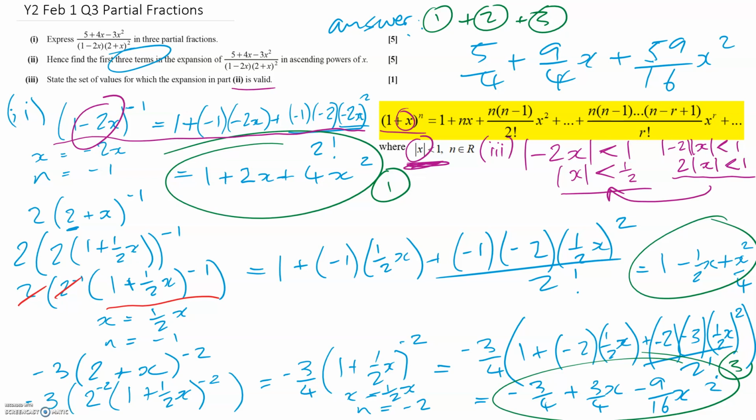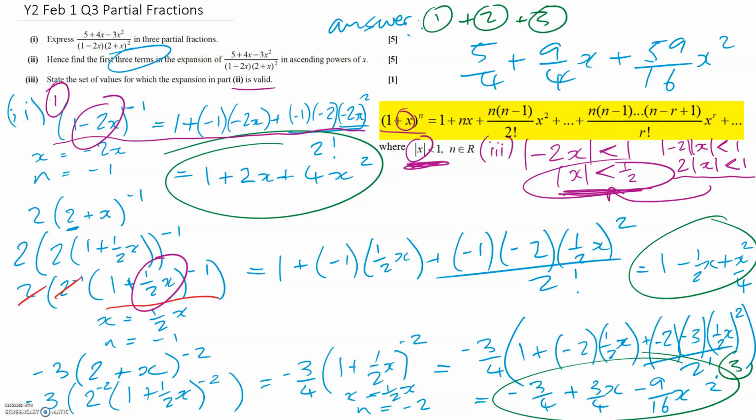So whichever way you think about it, when you do this first expansion, we'll call it number 1, you need the modulus of x to be less than a half. Now, for the expansion number 2, we substituted in a half x into this equation instead of x.